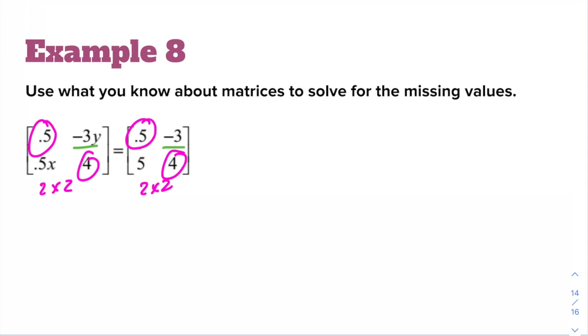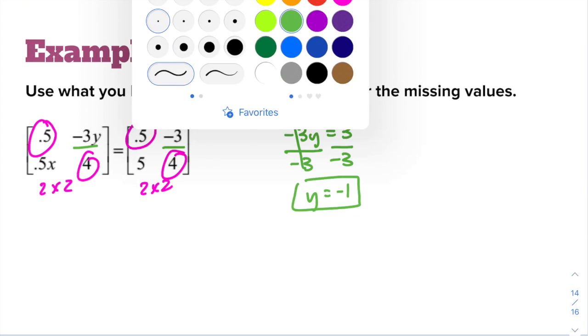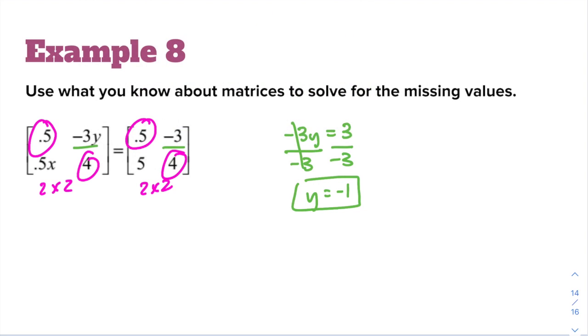So I can set -3y equal to 3. And if I divide both sides by -3, I get that y equals -1. So again, because I have 2 matrices that have the same dimensions set equal to each other, their corresponding elements will be equal to each other. And then I can do that with the x variable as well. So 0.5x has to equal 5.